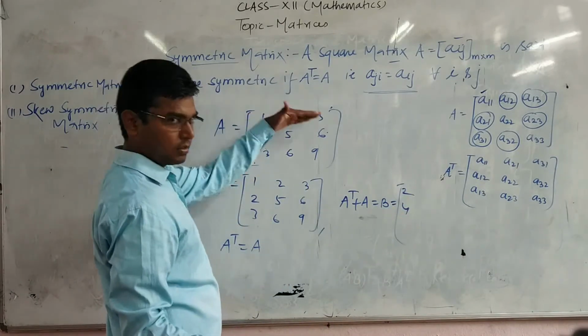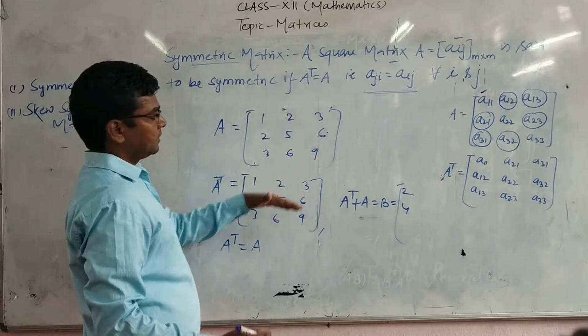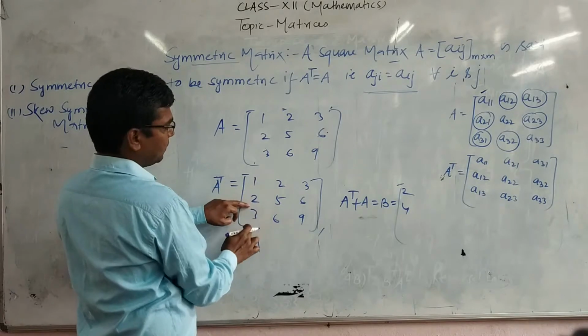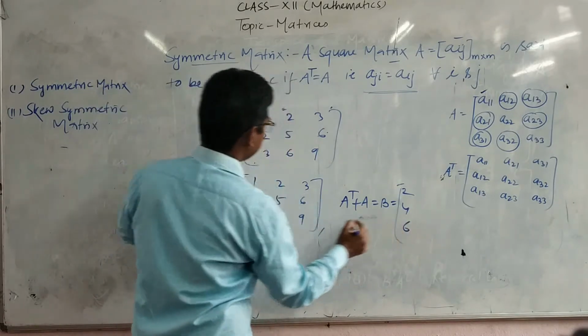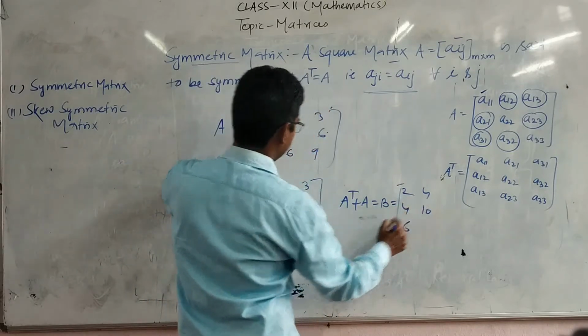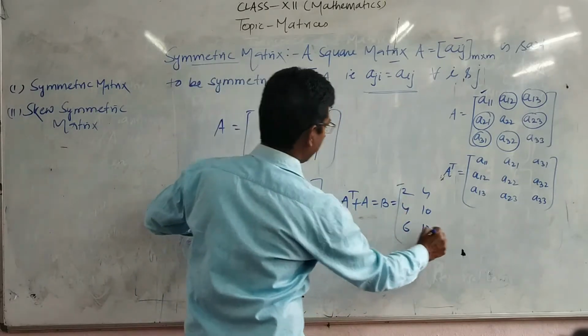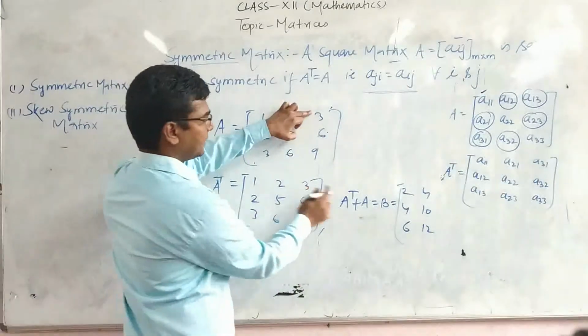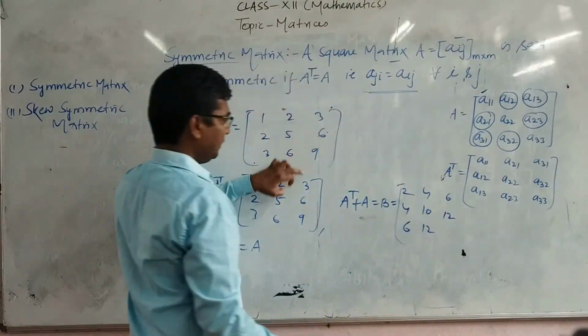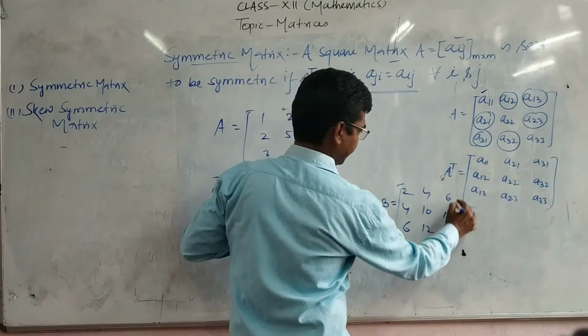You can add row-wise or column-wise. 2 and 2, 4, 5 and 5, 10, 6 and 6, 12, 3 and 3, 6, 6 and 6, 12, 9 and 9, 18.